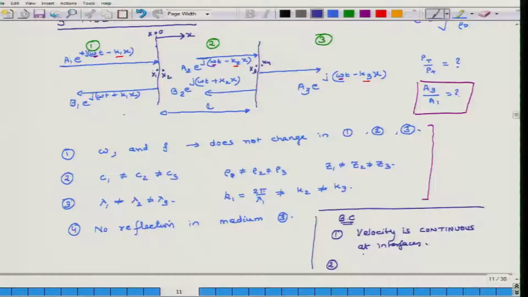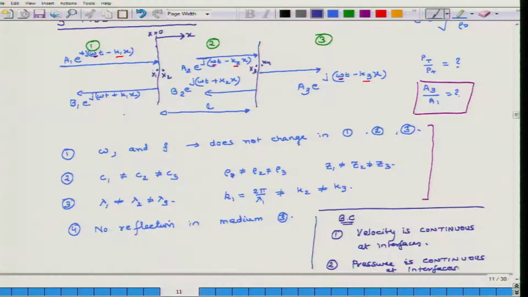M times A equals difference in pressure times area. Difference in pressure is non-zero, area is non-zero, mass is 0, so acceleration has to be infinite. So, that is not physically possible. So, what that means is that pressure cannot be different. So, essentially it means that pressure is continuous at interfaces.